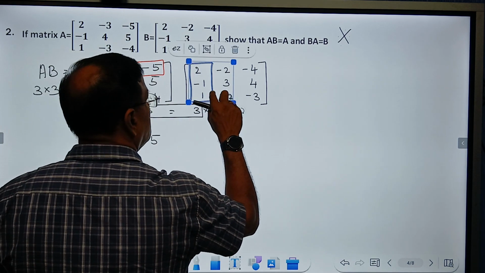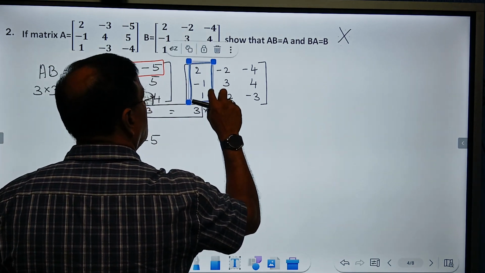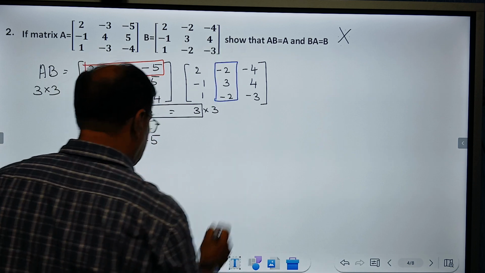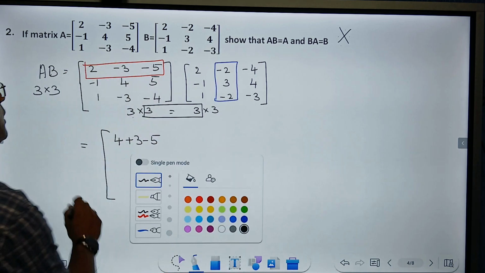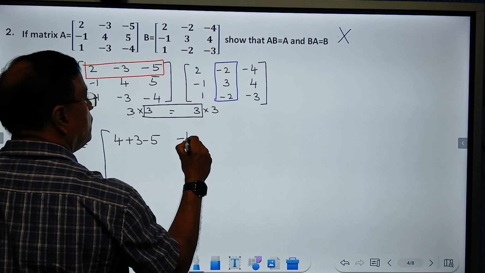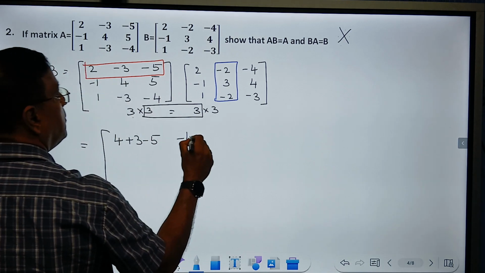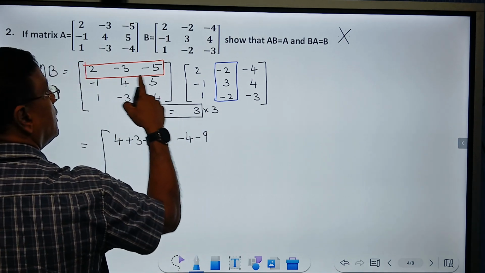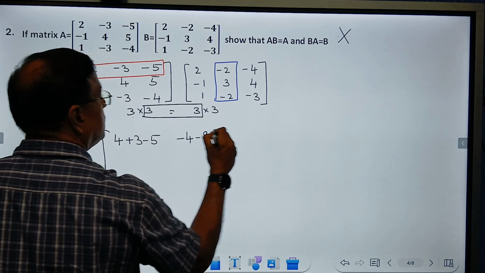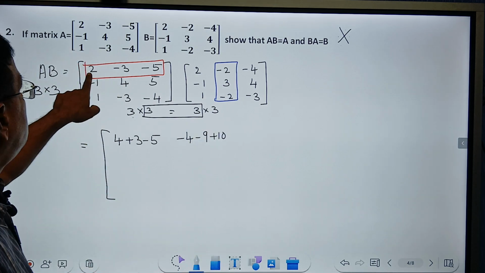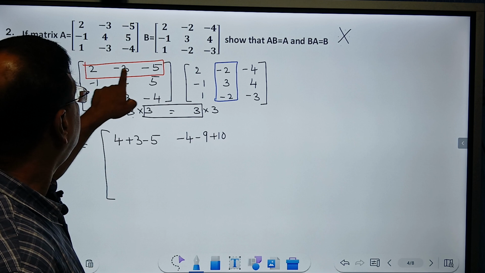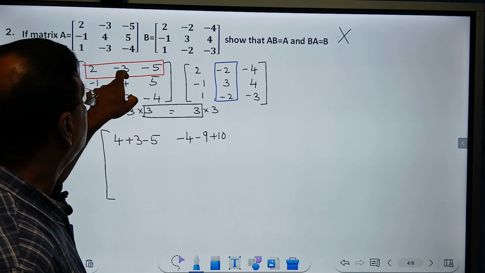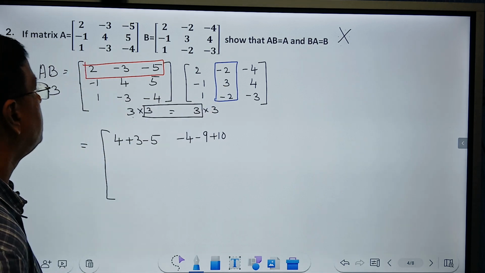Change the counter. Next, tell me what do you get? It will be minus 4 minus 9 plus 10. Is it right? Minus 4 minus 9 plus 10.